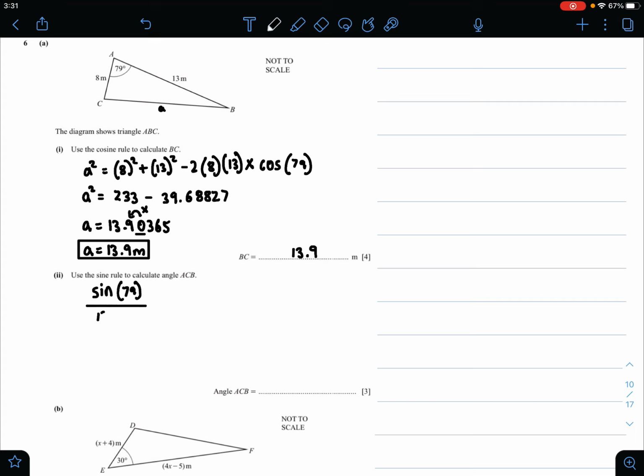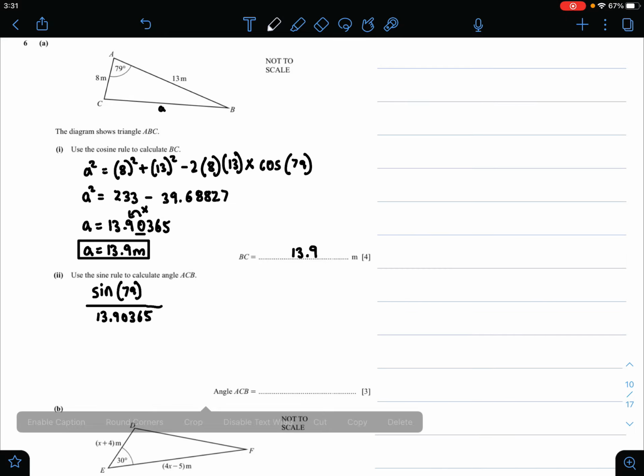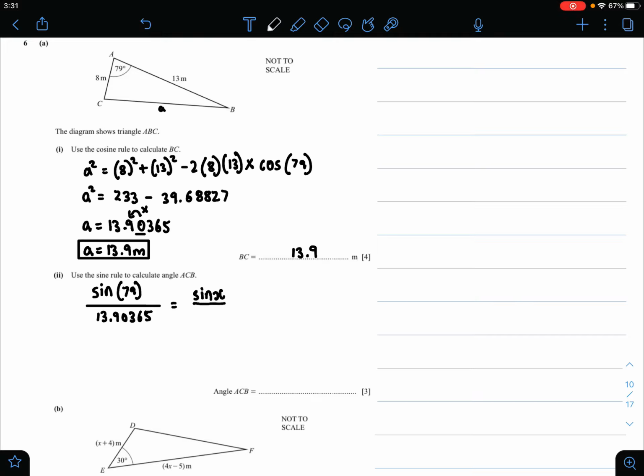We just found that side, that is 13.90365, is equal to sine x, where x is the angle that we have to find, divided by the side that is opposite to that angle. Let's label this angle as x for now. The side opposite to it is 13 meters.